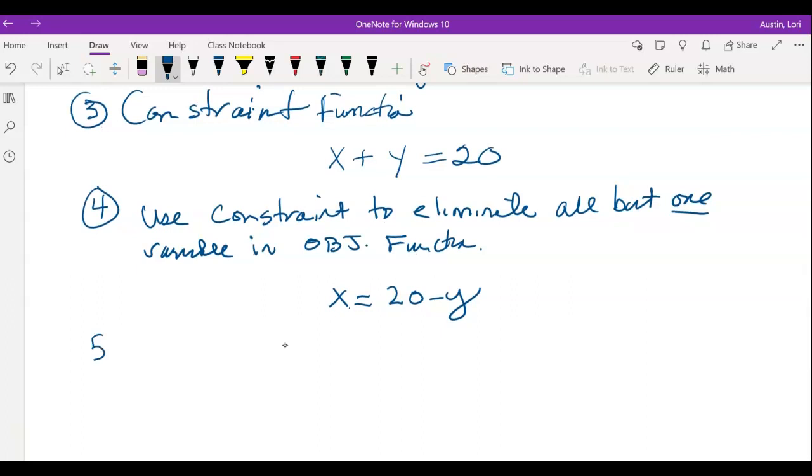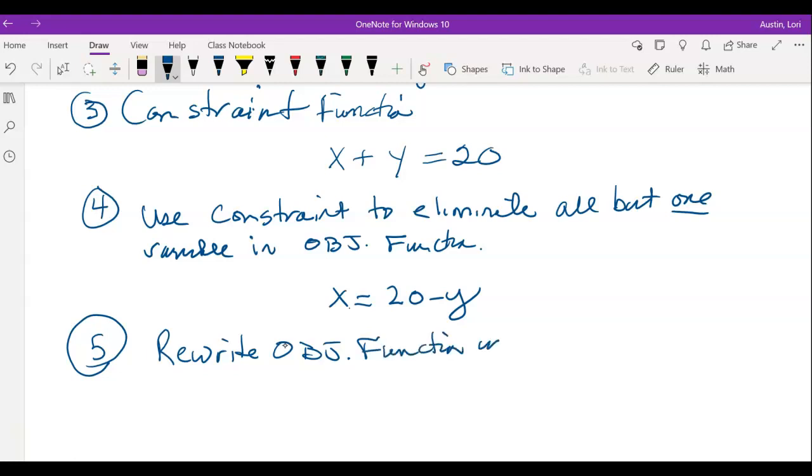So your next step, use what you did in number 4 to rewrite your objective function with one variable. Okay, remember, it was P equals XY.